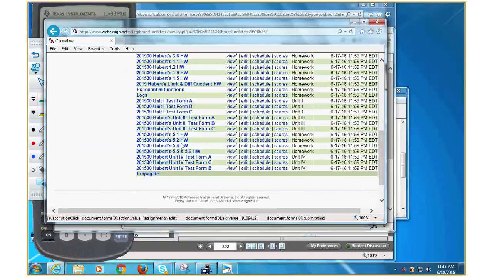What is chapter 5? Antiderivatives. Isn't that Unit 5? Yes. So I need to change this to Unit 5. What we're going over right now is Unit 4? Yes, we're going over Unit 4. Okay, go ahead and take the test. It's Unit 5. I'm not going to take it.